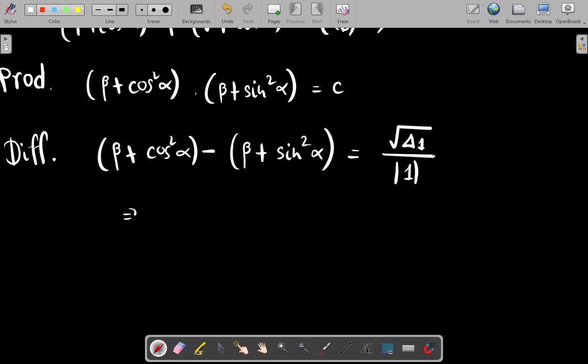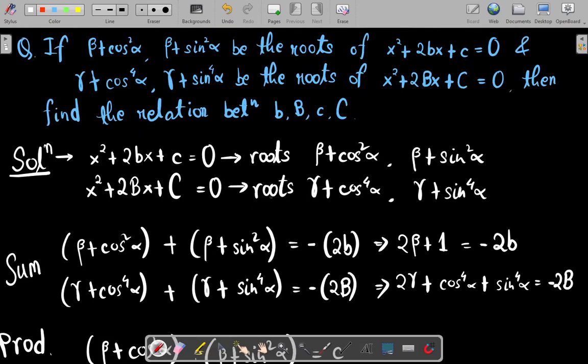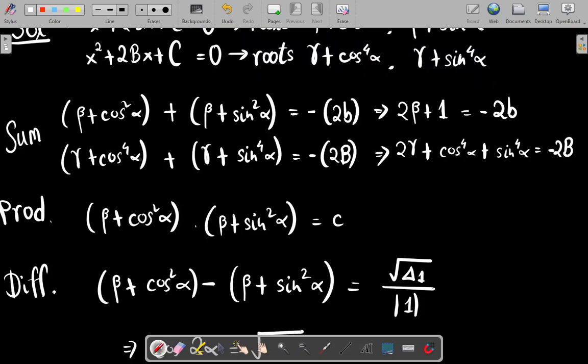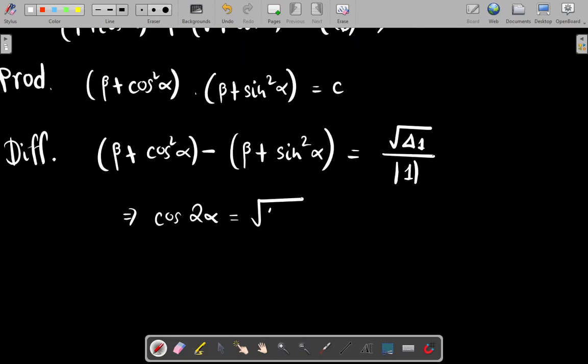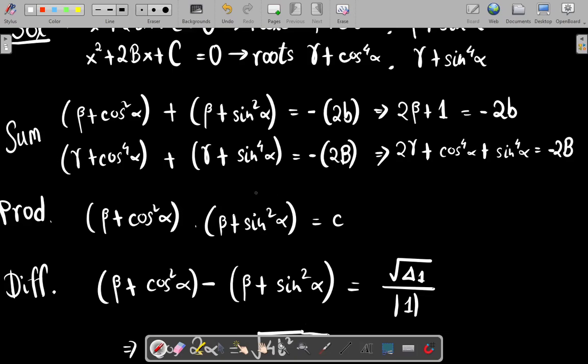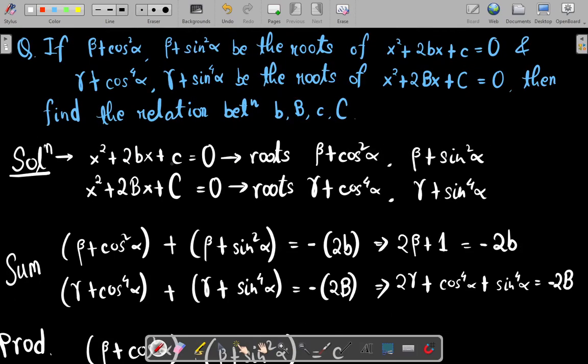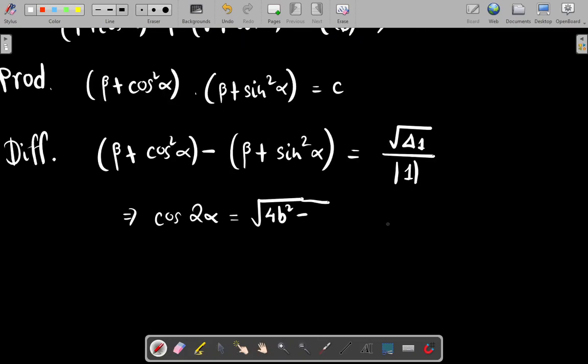Here the beta will cancel each other and this becomes cos square alpha minus sine square alpha. This is nothing but cos 2 alpha, which will be equal to the square root of the discriminant in the first case, which is 2b whole square, so this becomes 4b square, minus 4ac. Now a is 1 here and c is small c, so this becomes minus 4c.